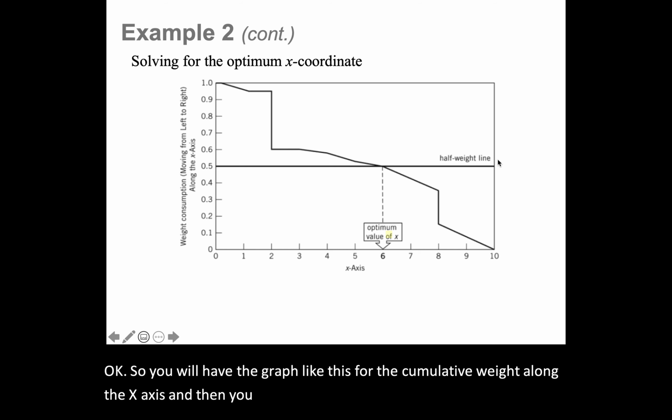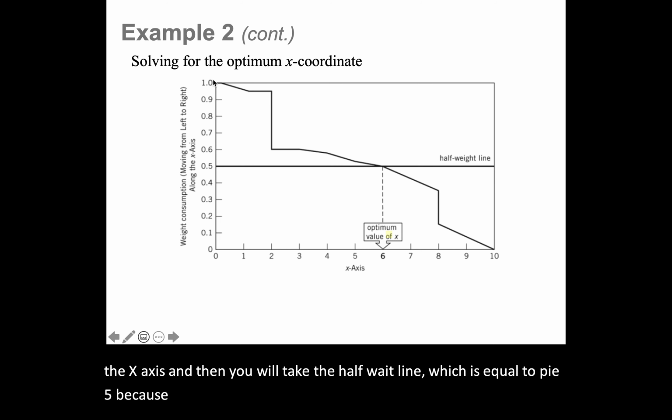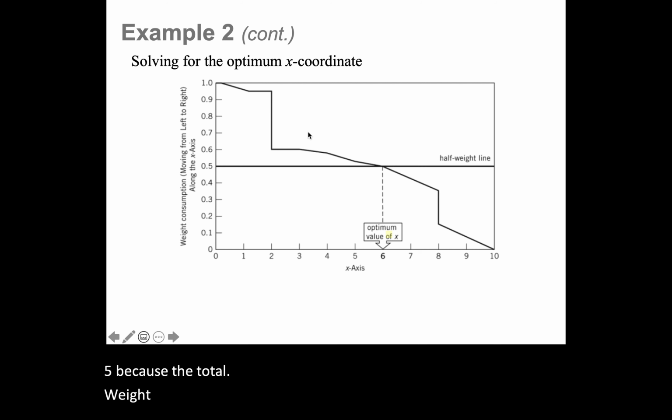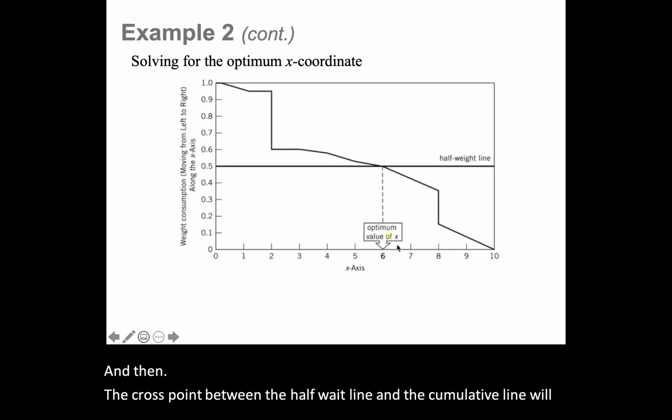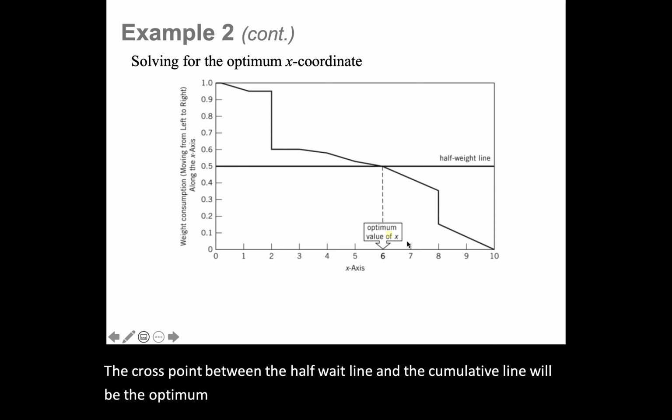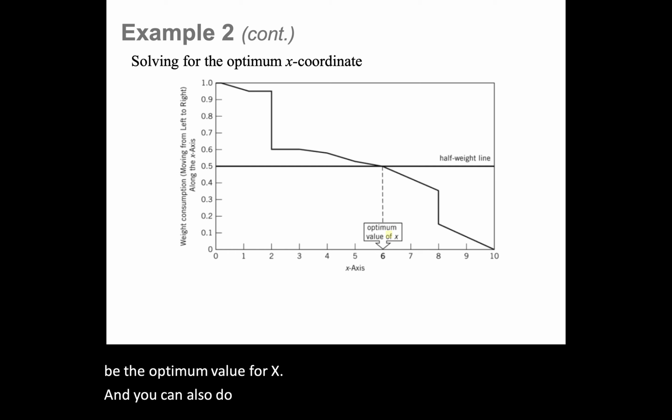Then you will take the half weight line, which is equal to 0.5 because the total weight is equal to 1, and the cross point between the half weight line and the cumulative line will be the optimum value for x. You can also do the same to find the optimum y coordinate.